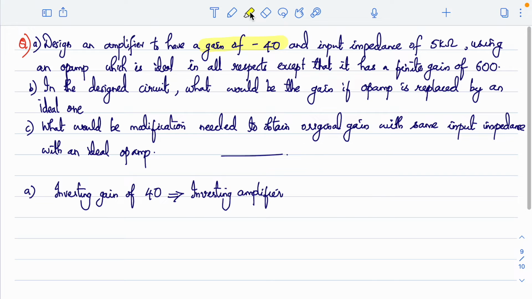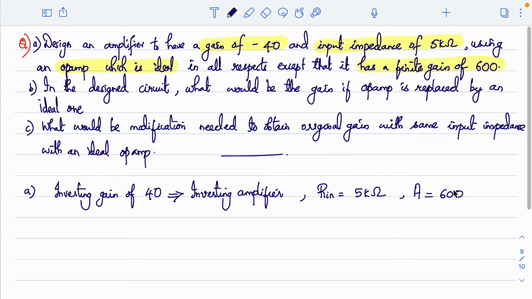Now read the rest. It is also given that the input impedance of the circuit should be 5K and the op-amp is ideal in all respects except that it has a finite gain of 600. So what are the additional pieces of information given here? One is that the input impedance of the amplifier circuit should be equal to 5K, and the op-amp does not have an infinite open loop gain, rather it has a finite open loop gain of 600.